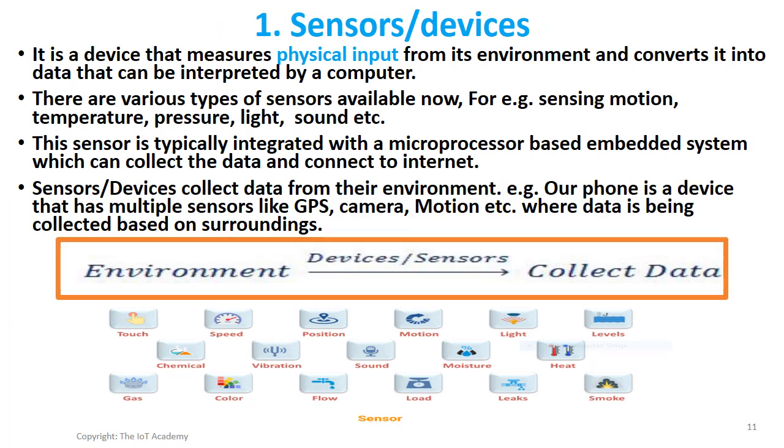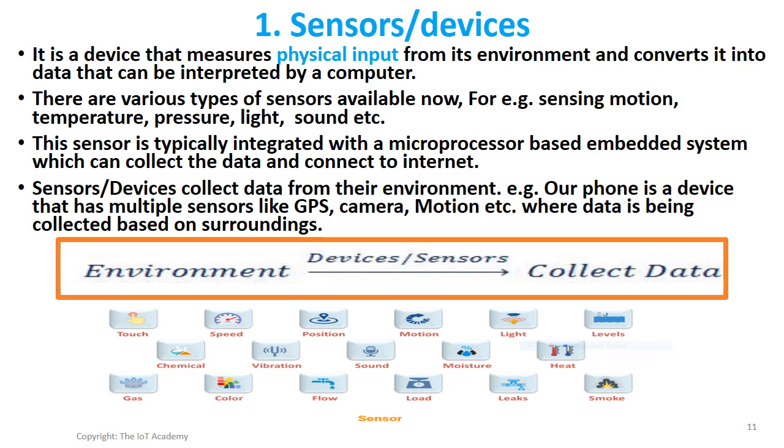The first one is sensors and devices. These are devices that measure physical input from the environment and convert it into data that can be interpreted by a computer, so that it is meaningful data. There are various types of sensors available in the market, to sense temperature, pressure, motion, light, and sound. A sensor is typically integrated with a microprocessor-based embedded system which can collect the data and connect to the internet.